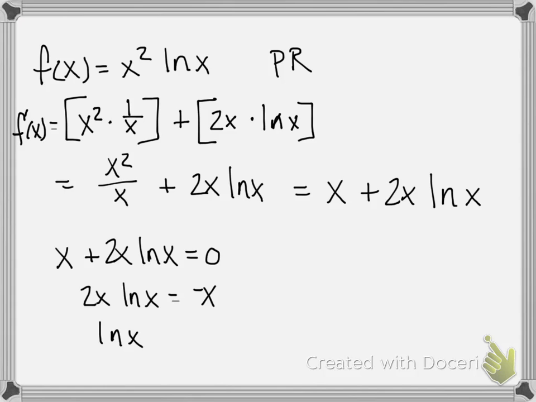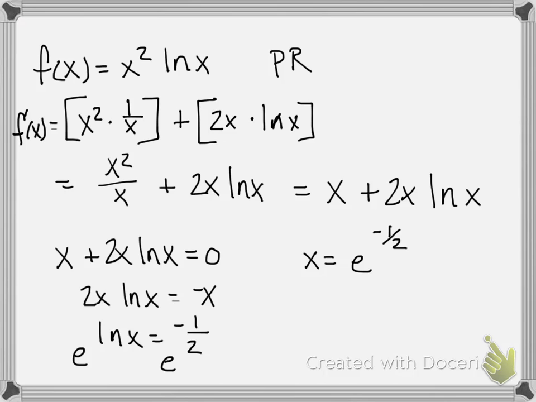Ln of x is going to be equal to negative 1 over 2, because our x's cancel out. And then to get x by itself, we raise both sides to the e. So e to the ln x, e to the negative 1/2. So x is going to be equal to e to the negative 1/2 power.